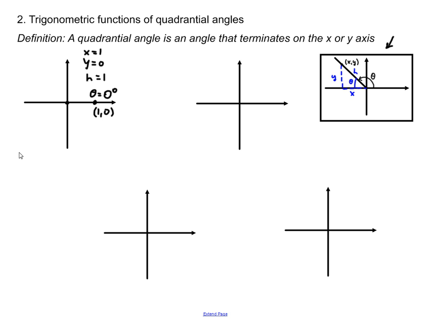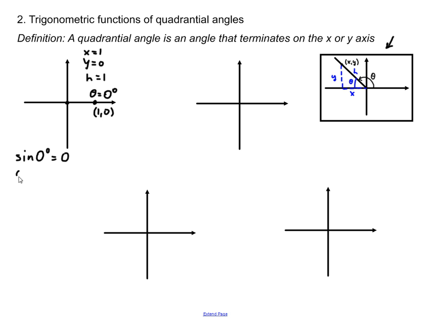Well, in the case of 0 degrees, we could say that the sine of the angle 0 degrees, or 0 radians for that matter, is going to be equal to opposite, y over h, 0 over 1. That's 0.